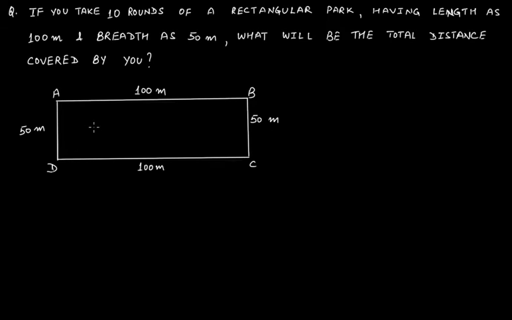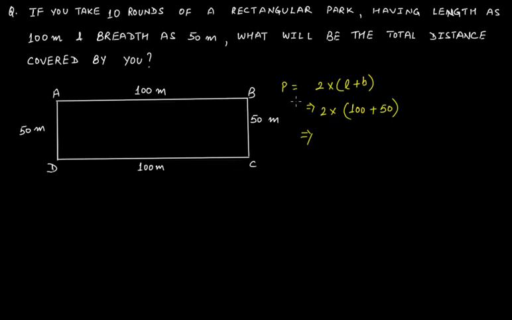Now we know that for the perimeter of a rectangle, we have a formula called 2 times (L plus B), where L is length and B is breadth. So this is 2 times (length is 100 and breadth is 50). I'm just denoting perimeter by P. Okay, you have to write in full.